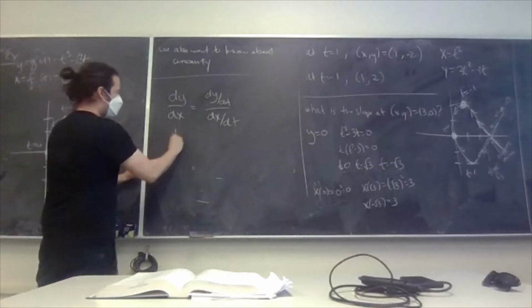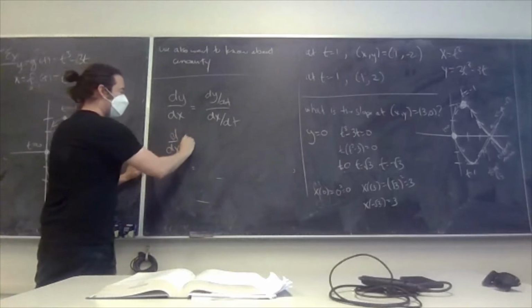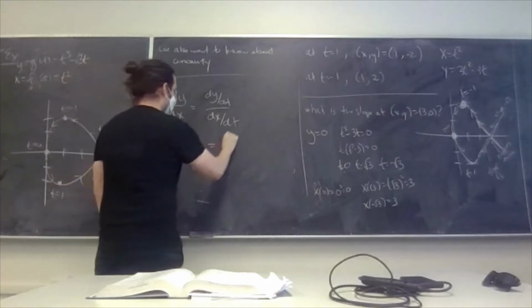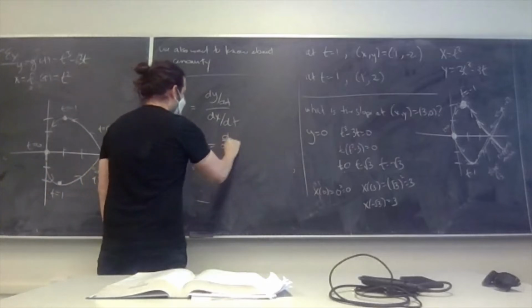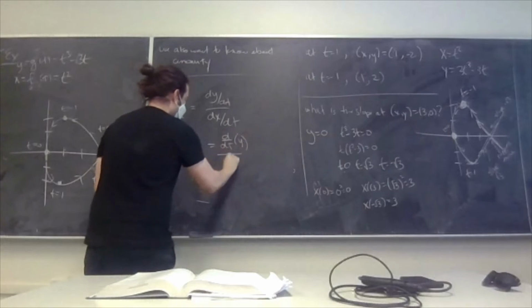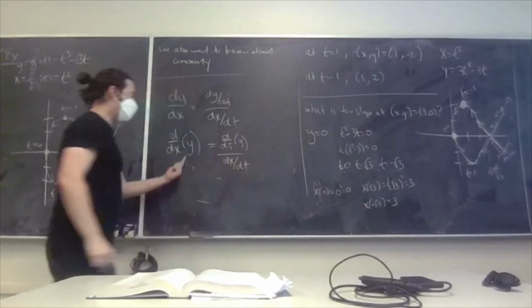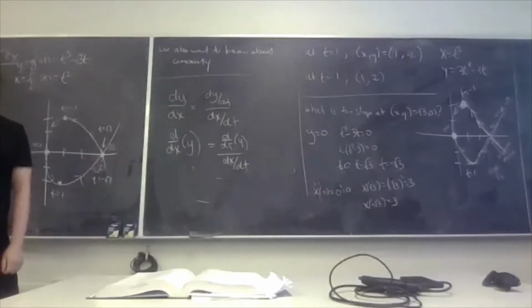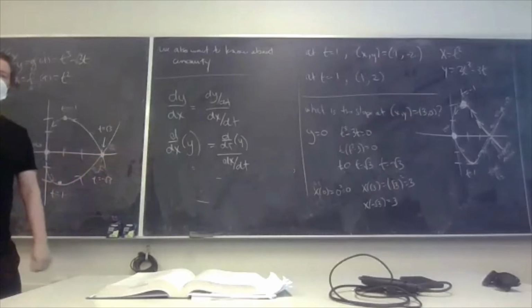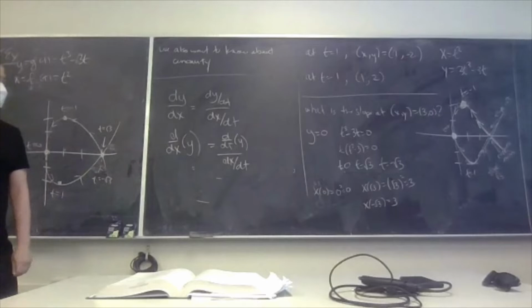So I'm going to write this instead: d/dx of y is equal to d/dt of y over dx/dt. I can put anything I want in where that y is and get a meaningful statement out. So instead of y in there, I'm going to put dy/dx. A reasonable thing to do.